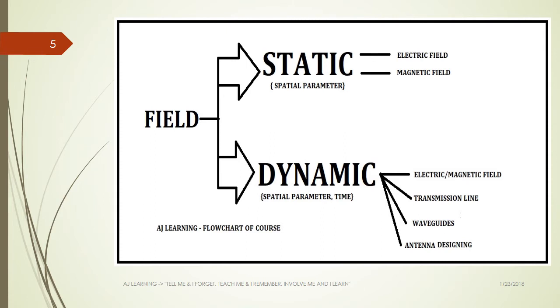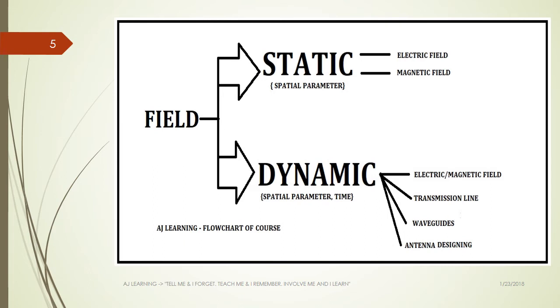Or you can say that electric field and magnetic field both are dependent on each other. You find the application of dynamic field in various subjects like transmission line, waveguides, antenna designing, and so on. We will see it later on.